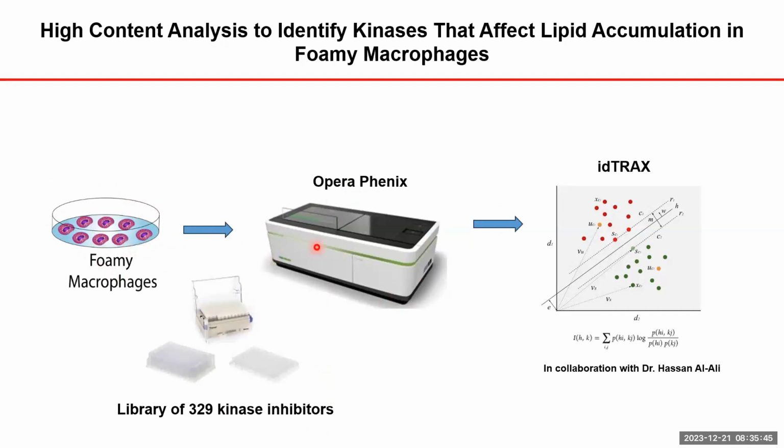We took advantage of the tools that we had at the Miami Project. We used the Opera Phoenix for what it was designed to do, which is high content screening. Then we used a machine learning algorithm developed by Hassan, John Bixby, and Vance Lemmon, where they used phenotypic screening to identify kinase targets.